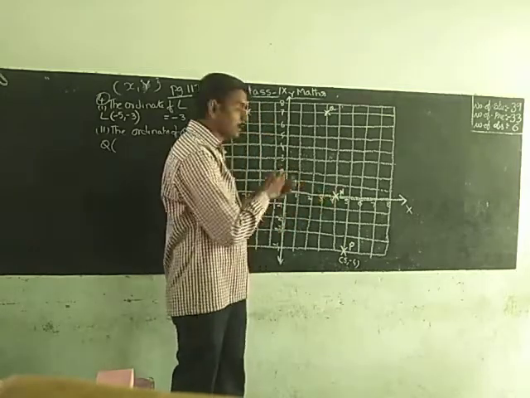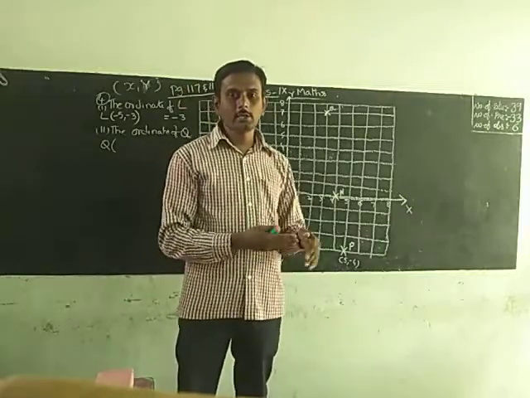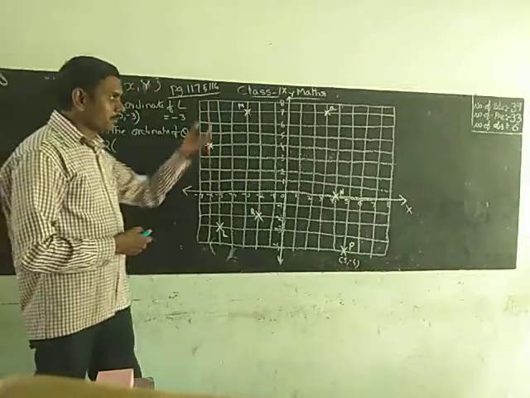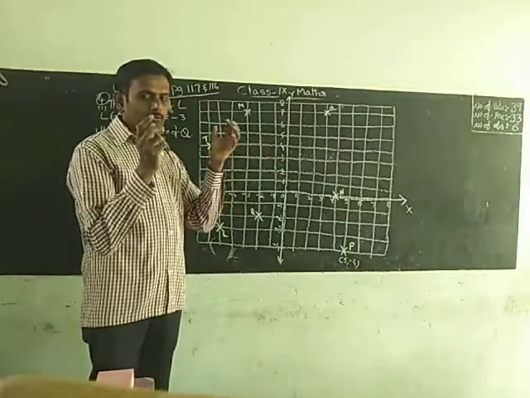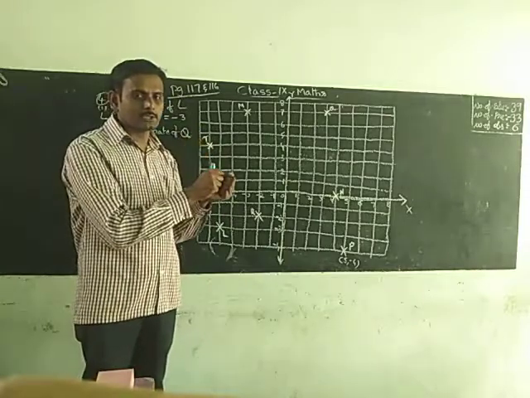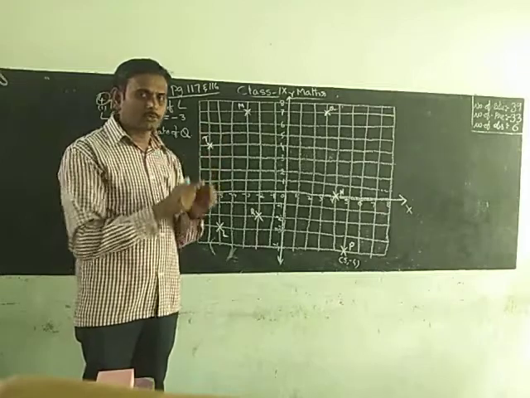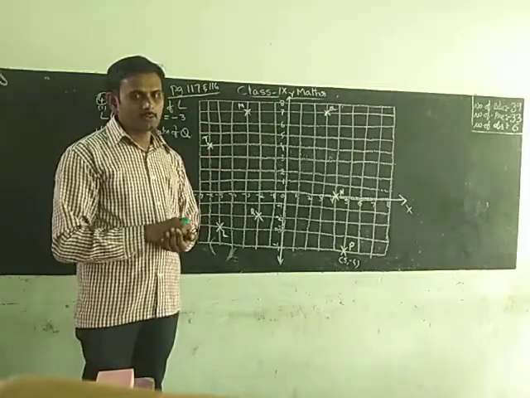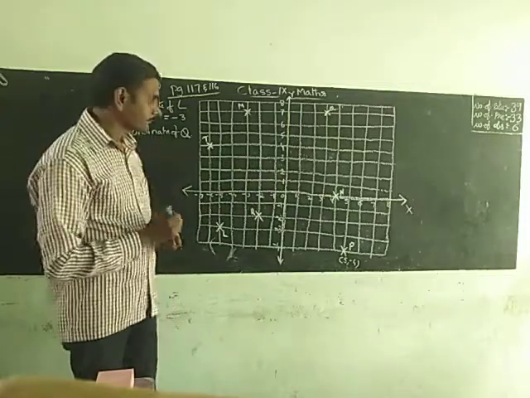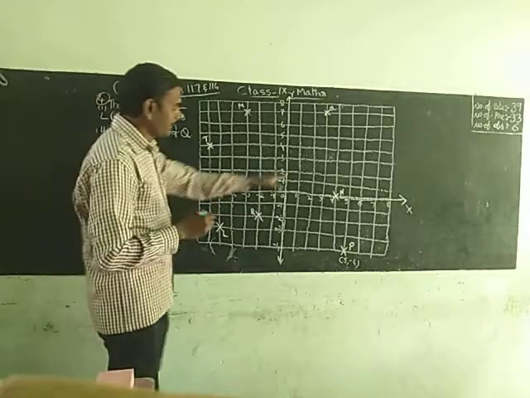So that is the location, meaning the distance on the x-axis and the distance on the y-axis. To say the location of point Q, we have to consider both the x-axis distance and the y-axis distance together.